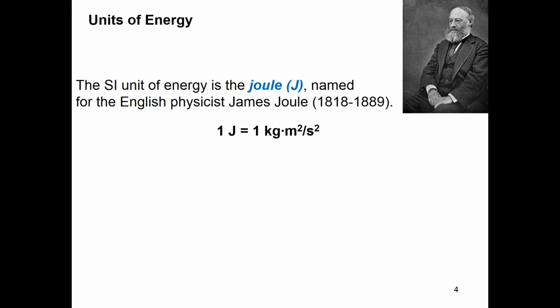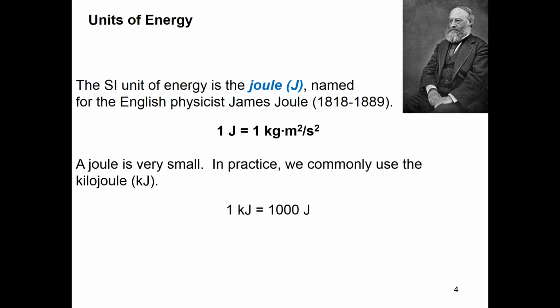If you square that, you wind up with kilograms times meters squared divided by second squared. That's equal to a joule. A joule is really very small, so in practice, we'll actually be using kilojoules. Remember, the SI prefix kilo means 1,000, so 1 kilojoule is equal to 1,000 joules.